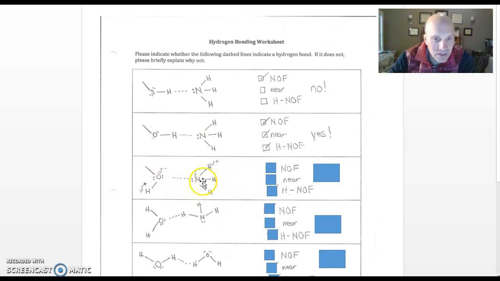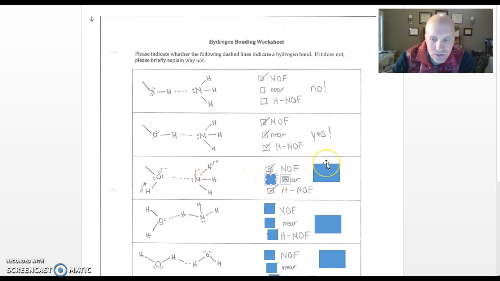So what about this example right here? This is an interesting example because we have what will qualify as a NOF right here, so I could check that box. And you might think, don't we have a hydrogen connected to a NOF right here? Yeah, we've got that. So do we have a hydrogen bond?